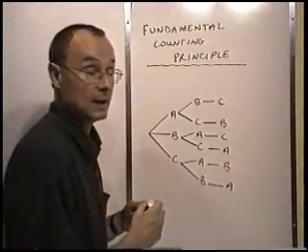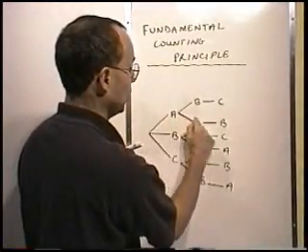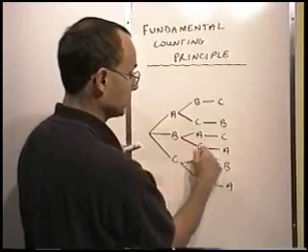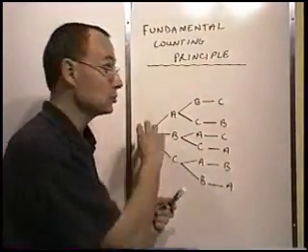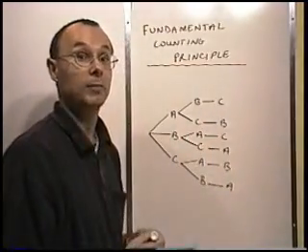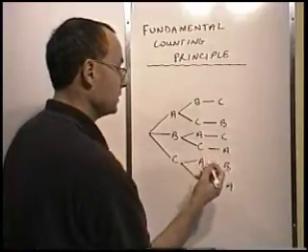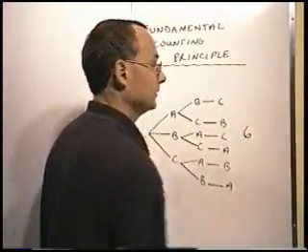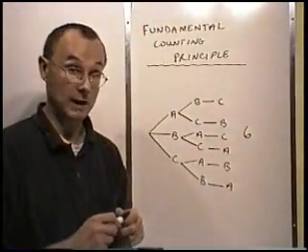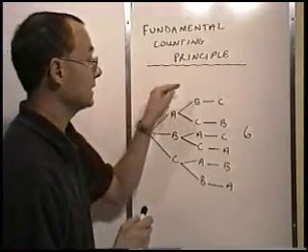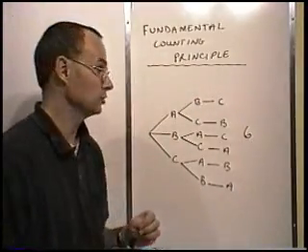And you can ask, how many total branches are there, if I follow each branch, each branch representing a possible combination? What we have here is a total of 6. 6 different possible ways of arranging 3 letters or 3 cards.